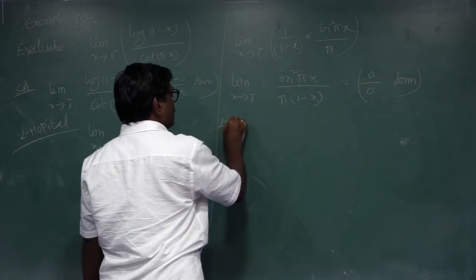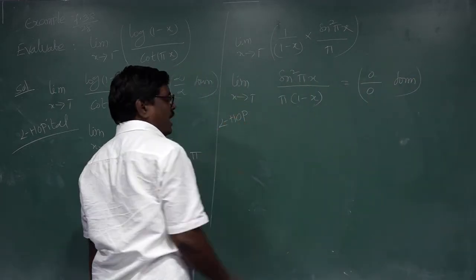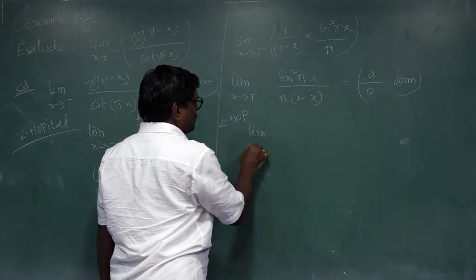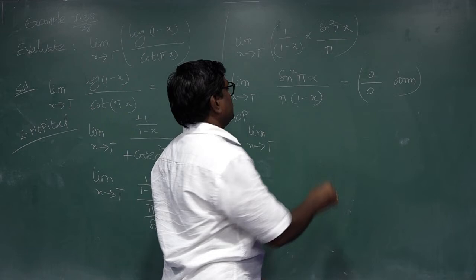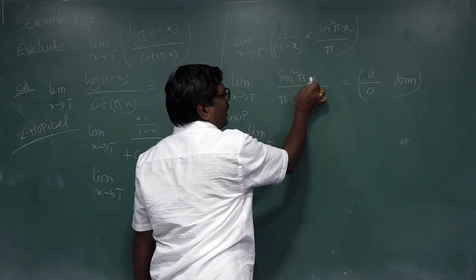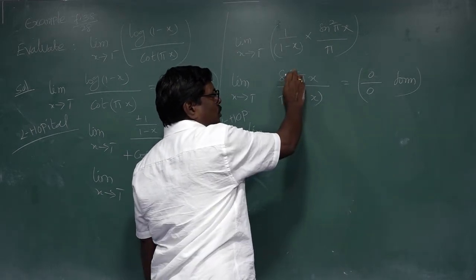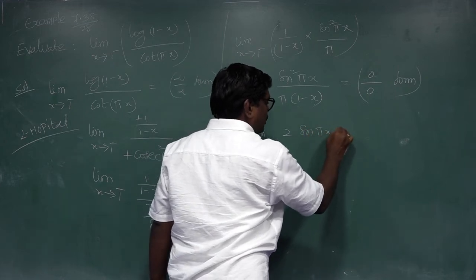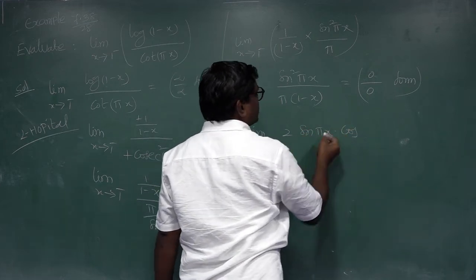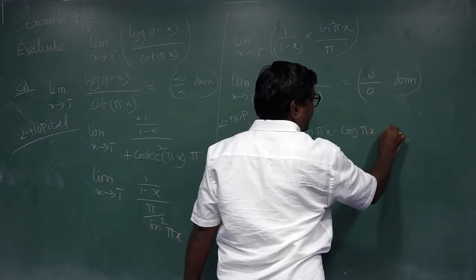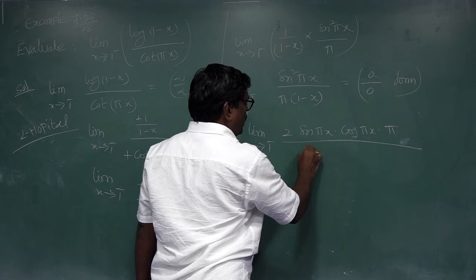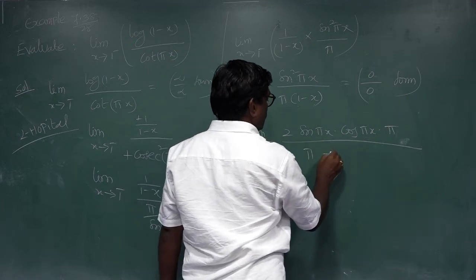Again L'Hospital rule applied. This limit x tends to 1 minus, the derivative of sin square pi x is 2 into sin pi x into cos pi x, inner derivative pi, by pi into minus 1.